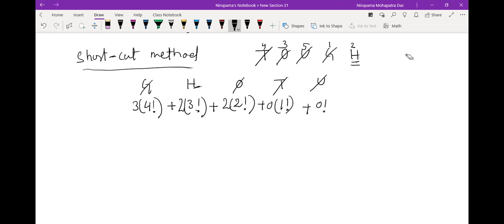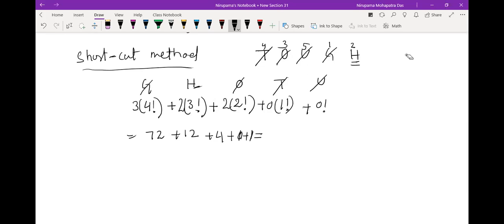Okay, so we are getting what? 3 into factorial 4, that is 3 into 24, 72, plus 2 into factorial 3, 2 into 6, 12, 2 into factorial 2, that is 4, 0 into factorial 1, 0, 0 factorial is 1. Okay, so it is 0 plus 1. So add all these.